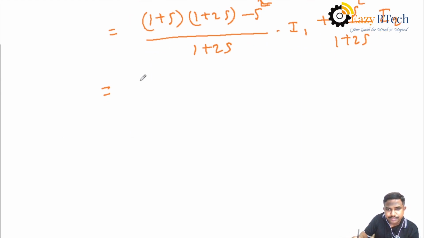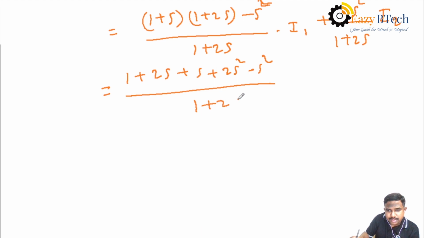That equals 1 into 1 plus 2S plus S plus 2S square minus S square by 1 plus 2S into I1, plus 1 by 1 plus 2S into I2.